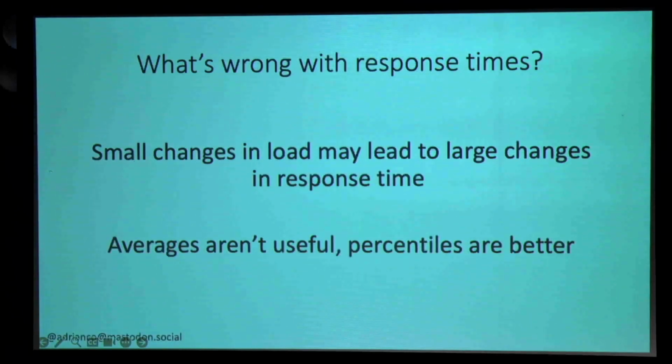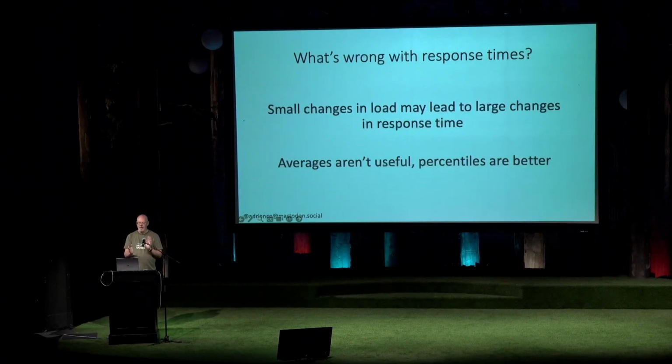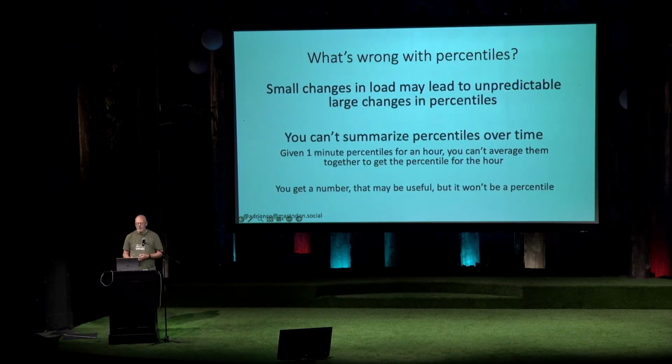So the problem is that a small change in load leads to a large change in response time. If you've got an SLA that says we will respond 95% of the time within 2 seconds, you ask how much more load we can take before we break our SLA, and it's very hard to model that. An average response time isn't useful. So people use percentiles, but percentiles don't work that well either, because small changes in load move your percentiles around a lot.